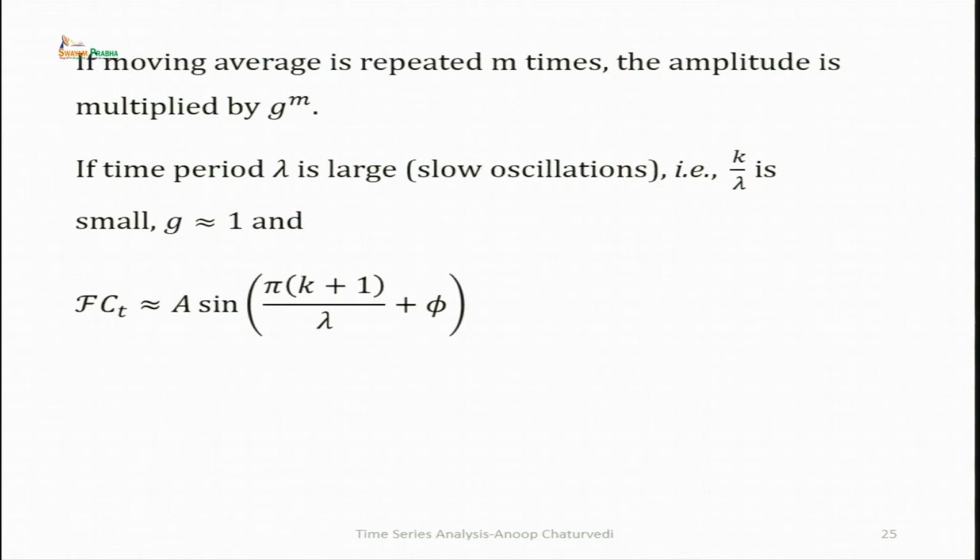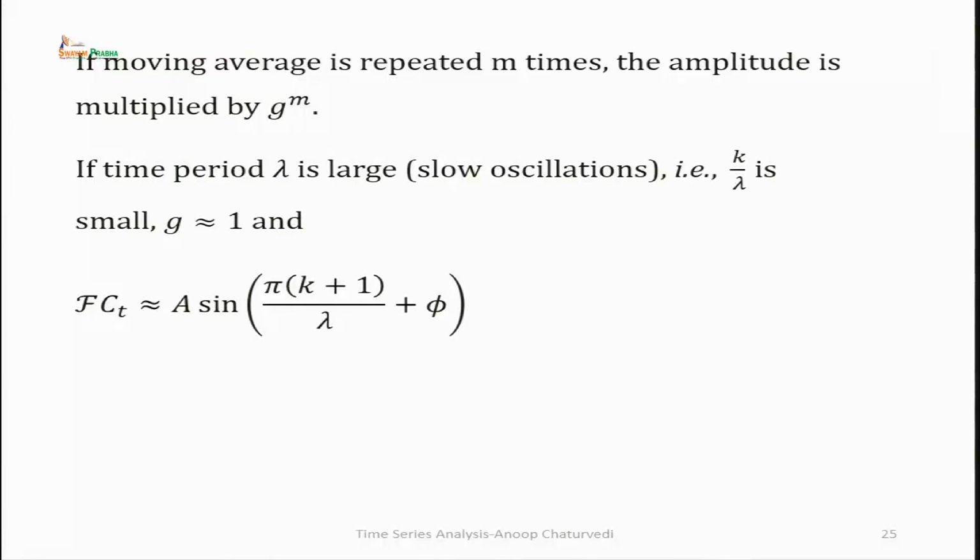Now, if time period lambda is large, that is your oscillations are very slow, that is k upon lambda is small, then in that case g is approximately equal to 1. So, in that case f C t is approximately equal to A sin pi k plus 1 upon lambda plus phi, amplitude has not changed.